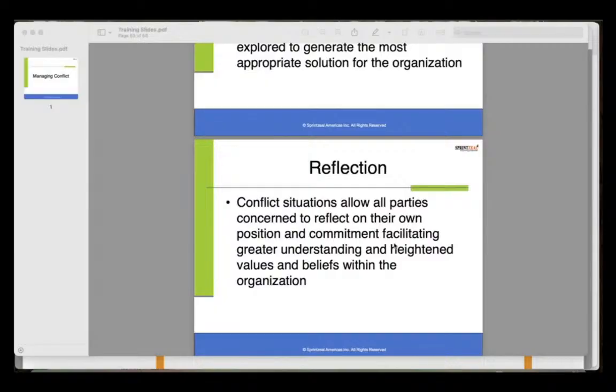But if you see, the most common thing in all these outcomes is that we are including all stakeholders, all interested parties. So that is one very important thing while initiating any conflict resolution, that you have to include all the interested parties, all the stakeholders that are involved in that particular conflict.